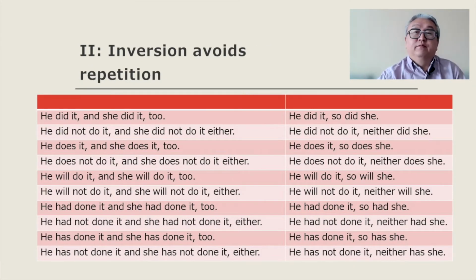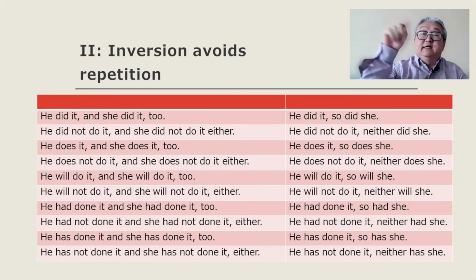Secondly, we make that inversion, okay, to avoid repetition. For example, if you have a sentence like he did it and she did it too, and you look at it carefully, this is a lot of repetition. Did it is repeated. So you could avoid that repetition by saying he did it, so did she. That way you avoided the did it, that it word.